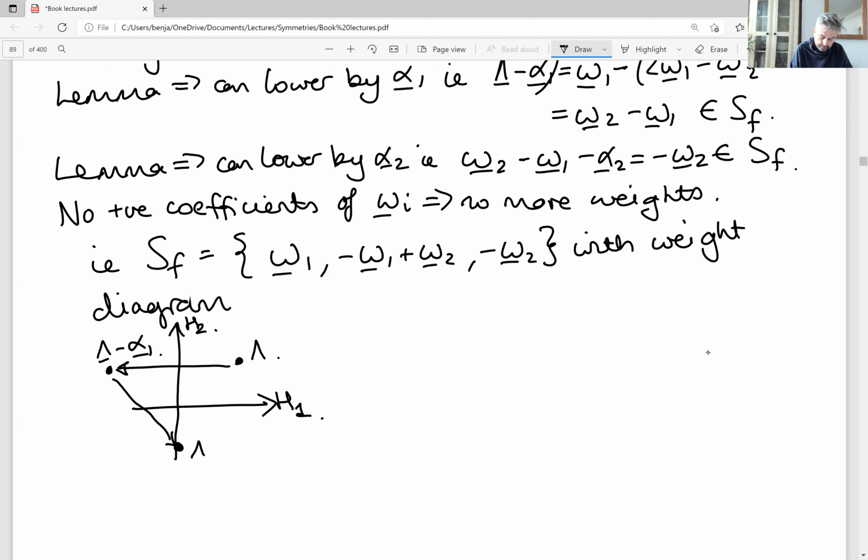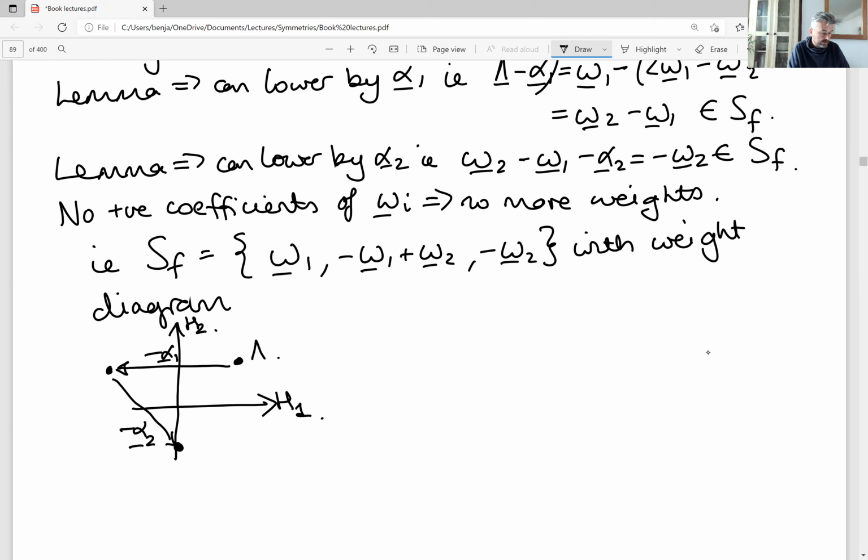So here are the different weights of this fundamental rep.